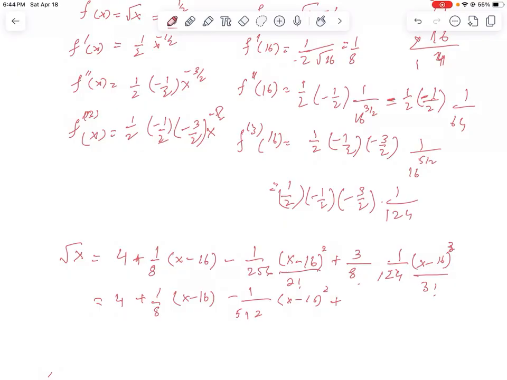Now 3 factorial can be written as 3 into 2 into 1. This 3 and this 3 cancel out and we are left with 2 here in the bottom. So 2 into 8 into 124, 1984.